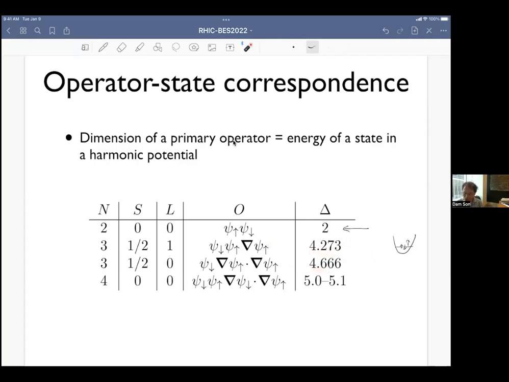For 4 particles, the problem can only be solved numerically, and the dimension of the operator that consists of 4 psi would be equal to about 5.1, which is the energy of 4 unitary fermions, 2 spin up and 2 spin down, in a harmonic potential with oscillator frequency 1. So this statement is useful because it right away tells us about the dimension of certain operators in non-relativistic conformal field theory.